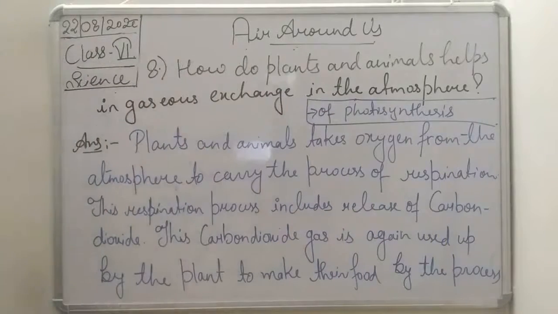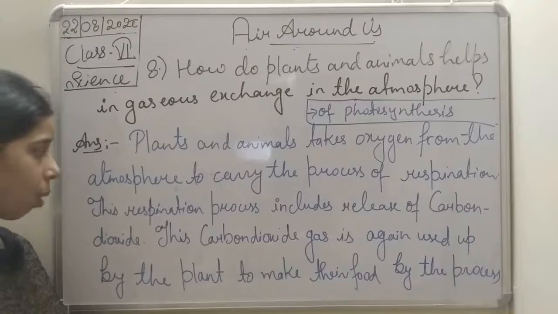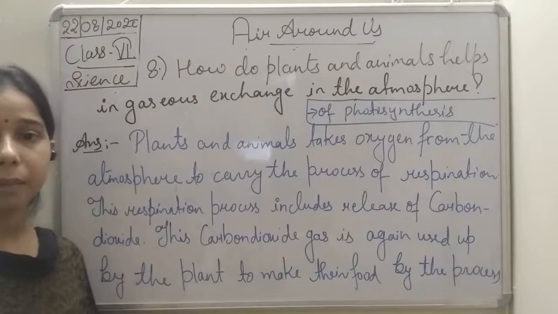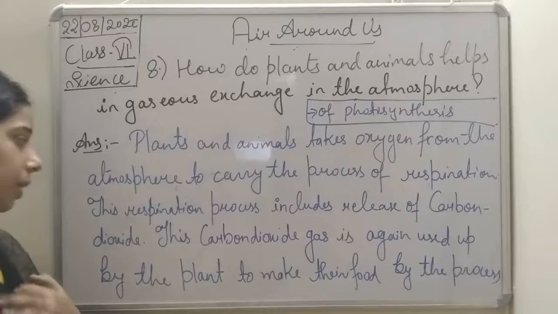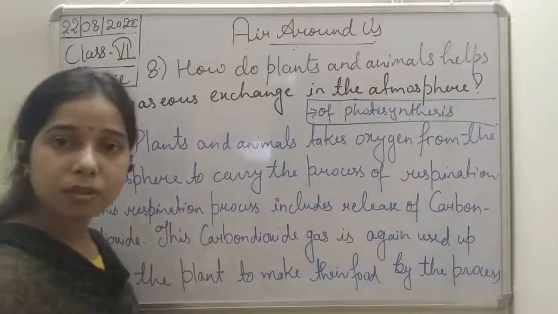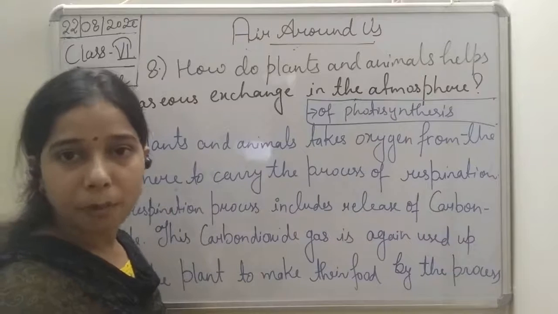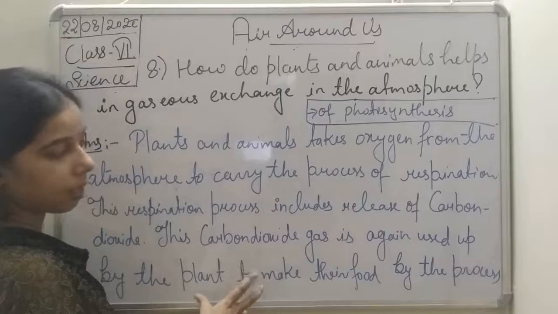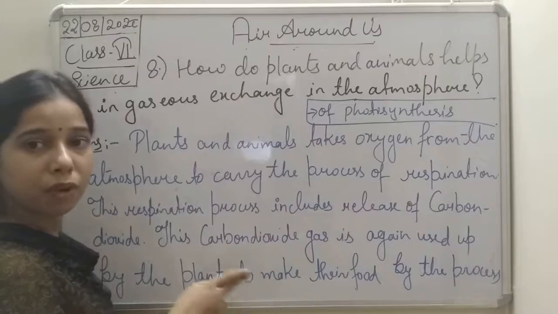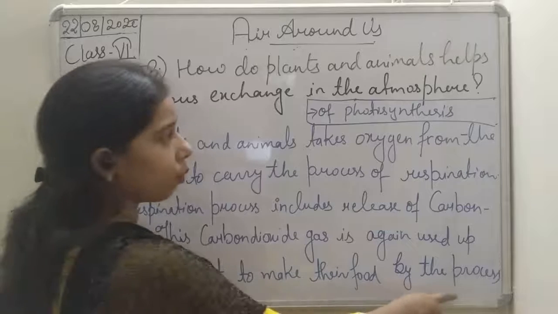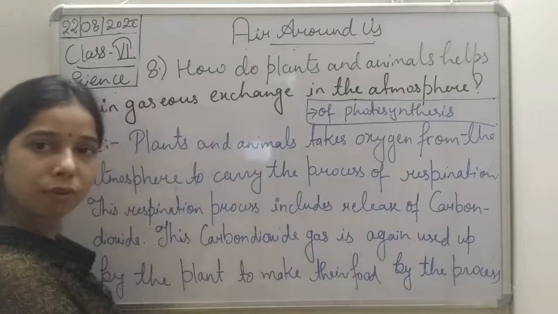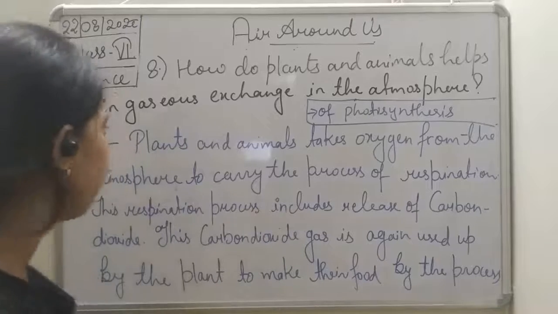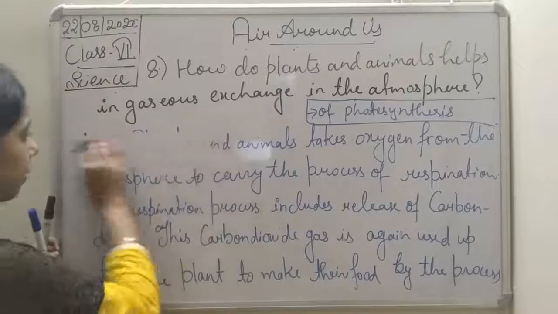So you see here, students, plants and animals take oxygen from the atmosphere, and this oxygen is used up by them to carry the process of respiration. Now this respiration process releases a gas, carbon dioxide, in the atmosphere, and this carbon dioxide is used up by the plant for making their food, that is photosynthesis. By the process of photosynthesis, again oxygen is released. So we can write it this much also.